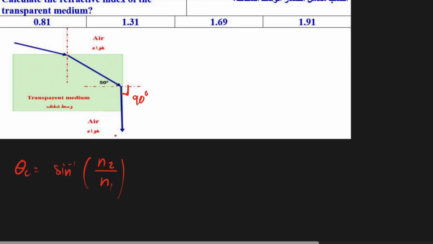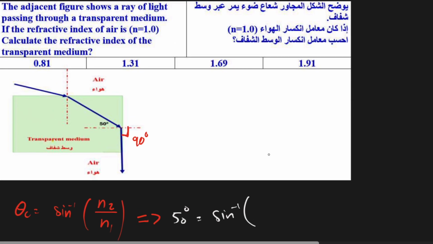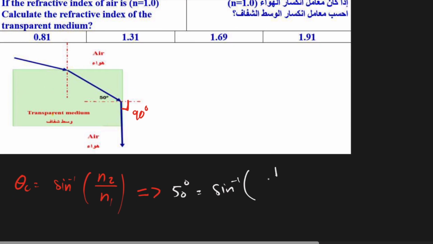Alright, so let's calculate it. We know theta c is equal to 50 degrees. This part here, this is 50 degrees. It's equal to sine inverse of n2, which is n of air, which we assume to be 1, divided by the n of the transparent medium, which I will call m.